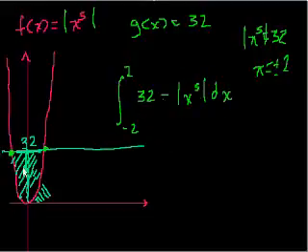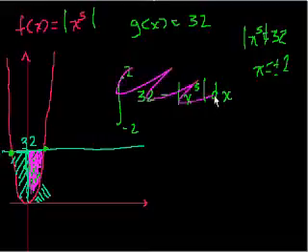Actually, instead of doing this, I think you could see that there's symmetry here, so we could just figure out this area and multiply by 2. This problem's a little hairy. It ended up being not exactly what I wanted, just because I had a bad choice of initial function, but we'll work on forward.